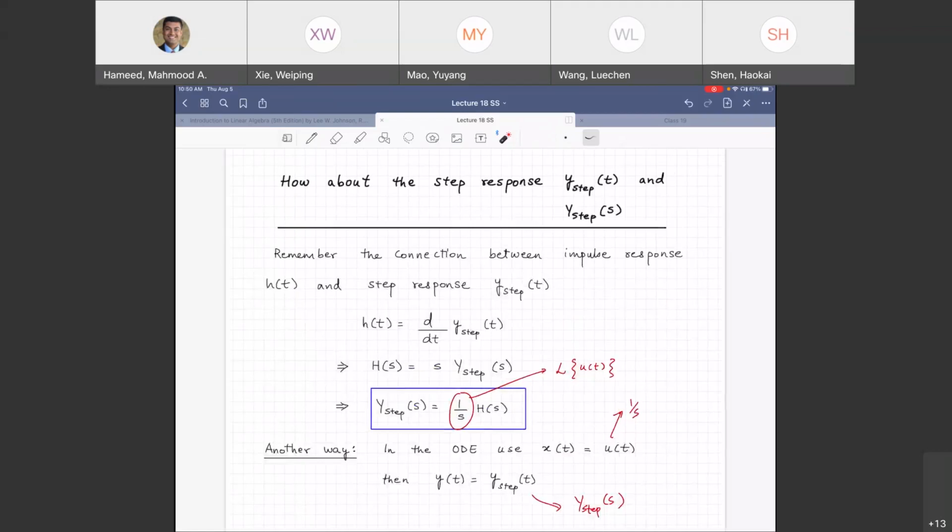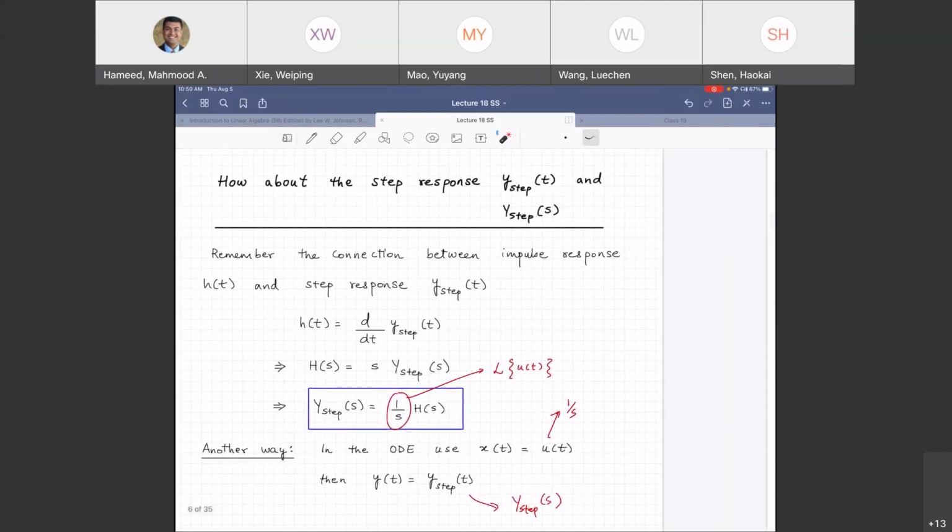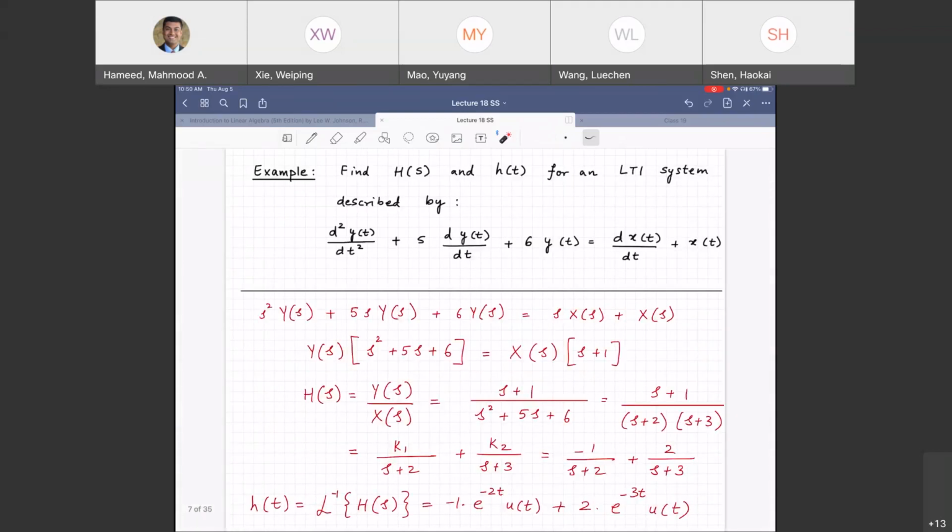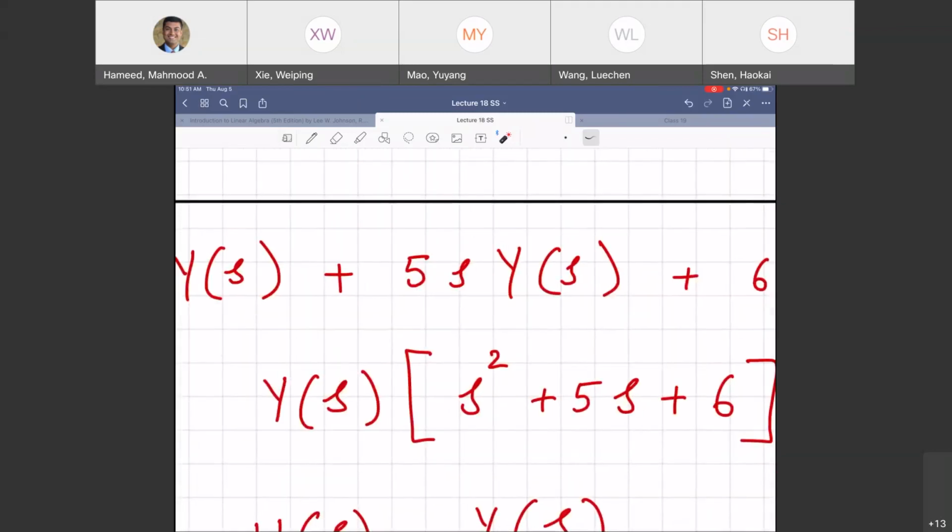Okay, let's move on here. Do an example. Now, just to save time, I've already done the example. One thing that I want to point out, which can be stressful, is this: 5s.